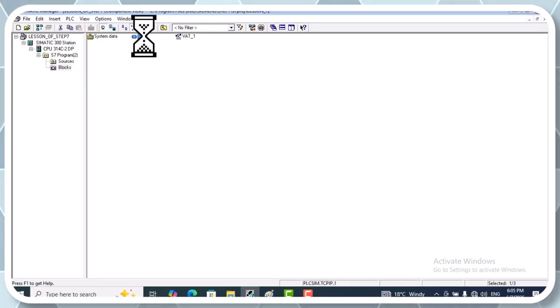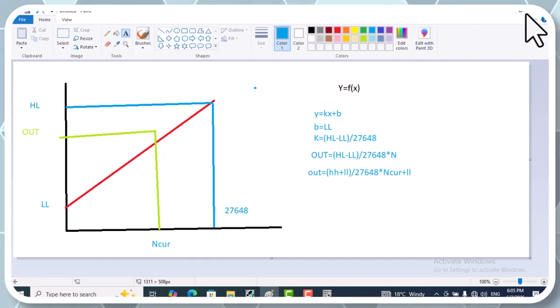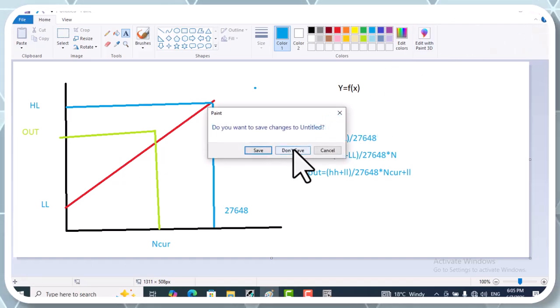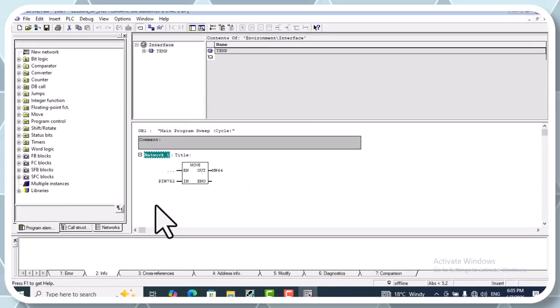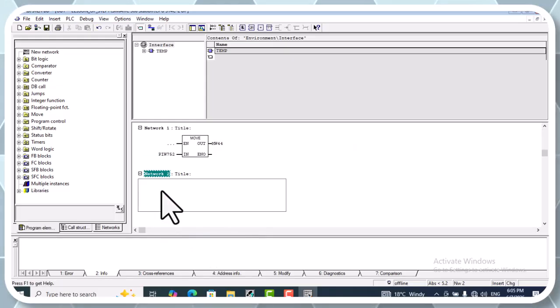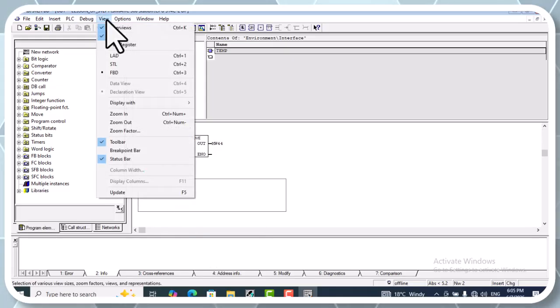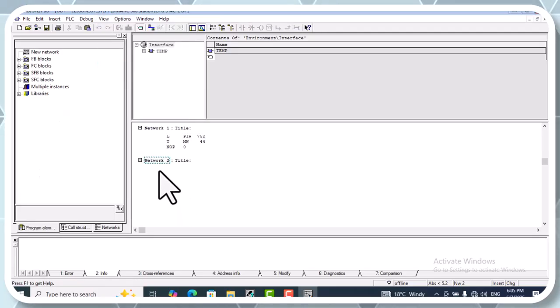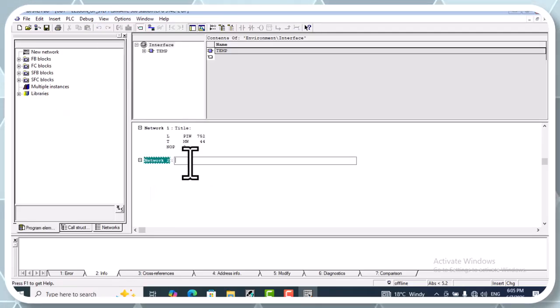Let's open our OB1, let's close this one, and here we add a network and choose the SCL language, and let's give it a name.